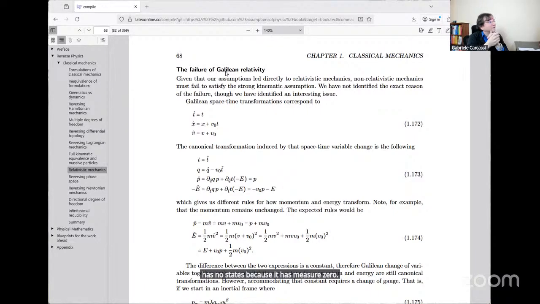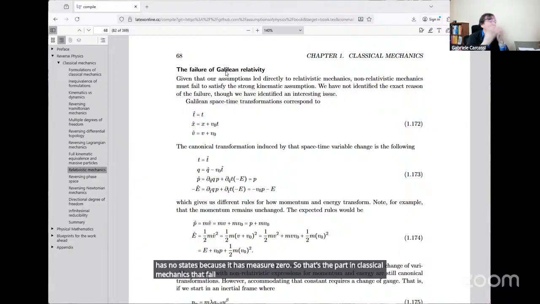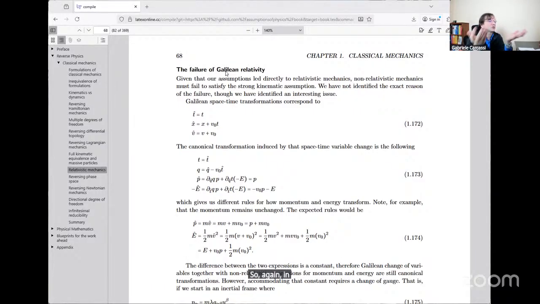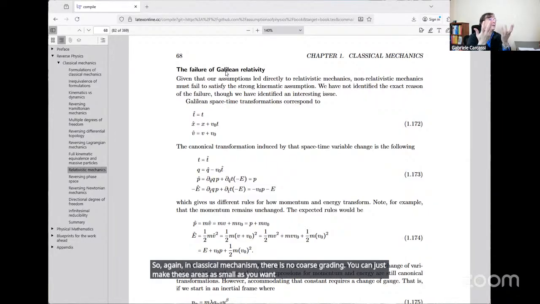That's the part of classical mechanics that fails. It also fails because it assumes something like negative entropy, and this is what makes classical statistical mechanics not work with thermodynamics and so on. So again, in classical mechanics there is no coarse graining. You can make these areas as small as you want, such that you can define these densities.